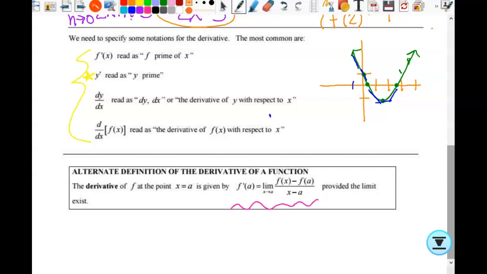And I left a piece of paper on my table on the desk apparently. Let me give you this one. So the first thing, and probably one of the easiest rules for derivatives, is the power rule.